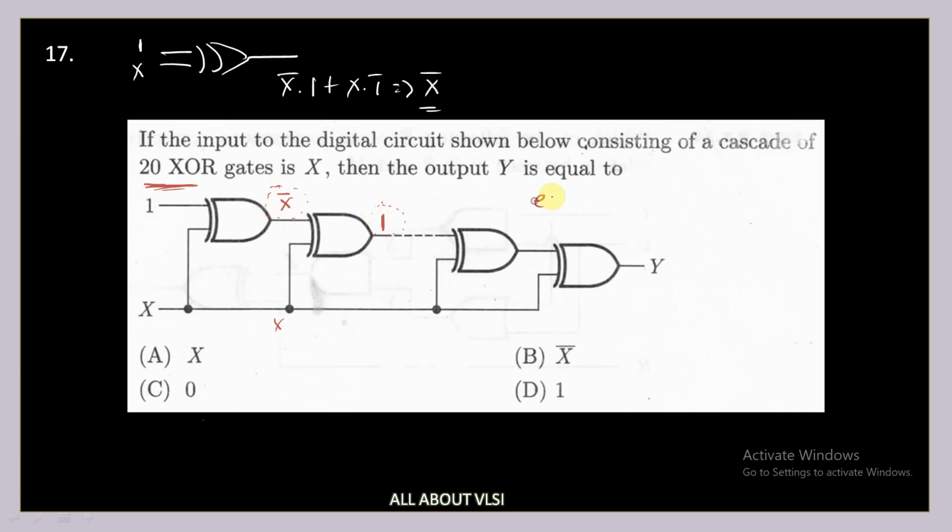So for an even number of gates, we get 1 as our output in this connection, and for an odd number of gates we get X bar as our output. Since our number is 20, that is an even number of gates in cascaded form, we are going to get 1 as our answer. Is this clear for everyone?